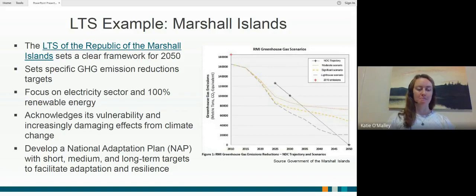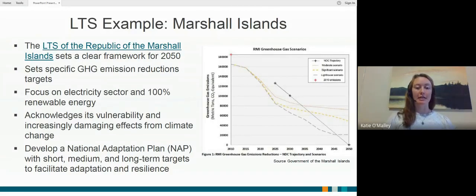The graph on this slide identifies the NDC trajectory alongside multiple other emission projection scenarios. The y-axis on this graph shows greenhouse gas emissions, and the x-axis shows time series from 2010 to 2050. The first 3 downward lines on this graph represent decreasing emissions scenarios for a moderate scenario, a significant scenario, and a lighthouse scenario.